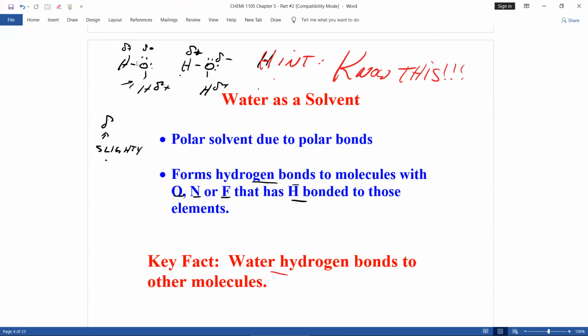The hydrogen has a slight positive, and there's electrical attraction, called the Coulombic attraction. That attraction is not a full chemical bond, but this is called a hydrogen bond.